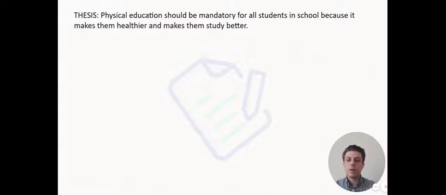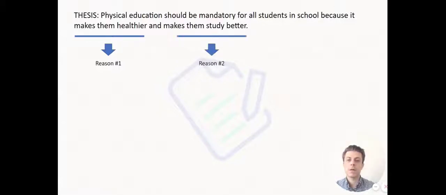The point is, physical education should be mandatory for all students. And for the justification, we have two reasons. Reason one is because it makes them healthier, it makes students healthier. And reason number two is it makes them study better.